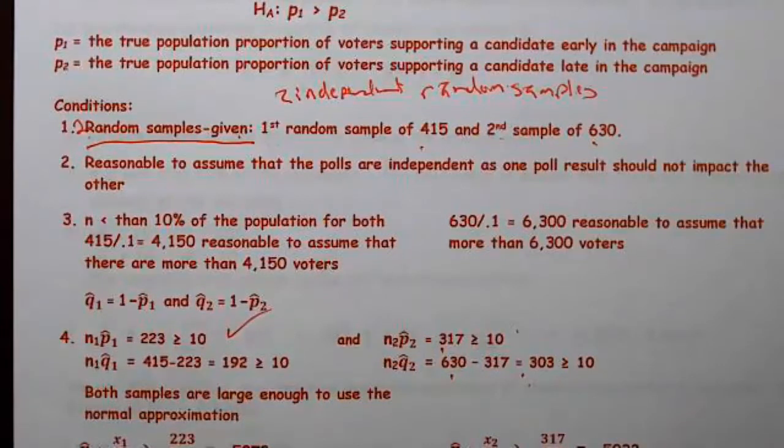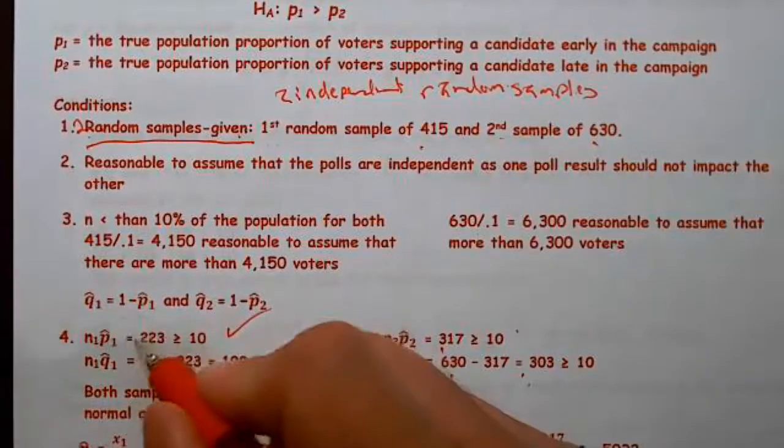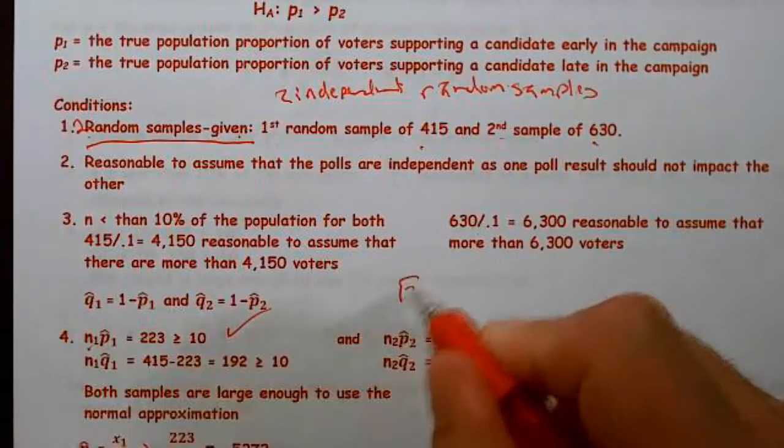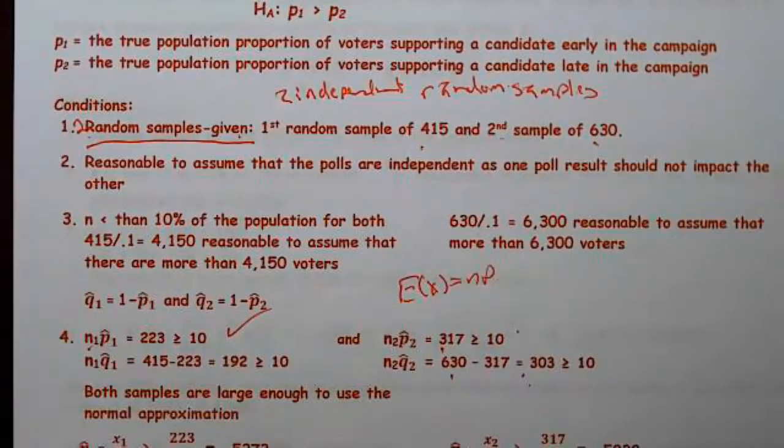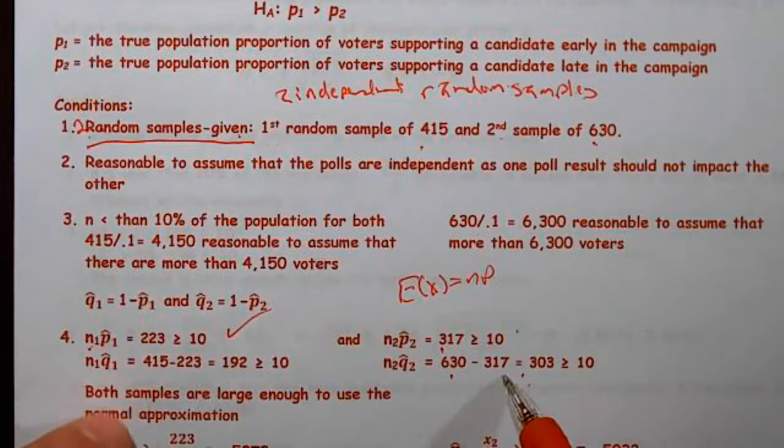So basically, both samples are large enough to use the normal approximation. And once again, as on the previous problem, I alluded to that the expected value is np. That is basically the formula for a binomial, which is technically what you're working with when you have proportions, but we're using the normal approximation for the binomial because our sample size is large enough.